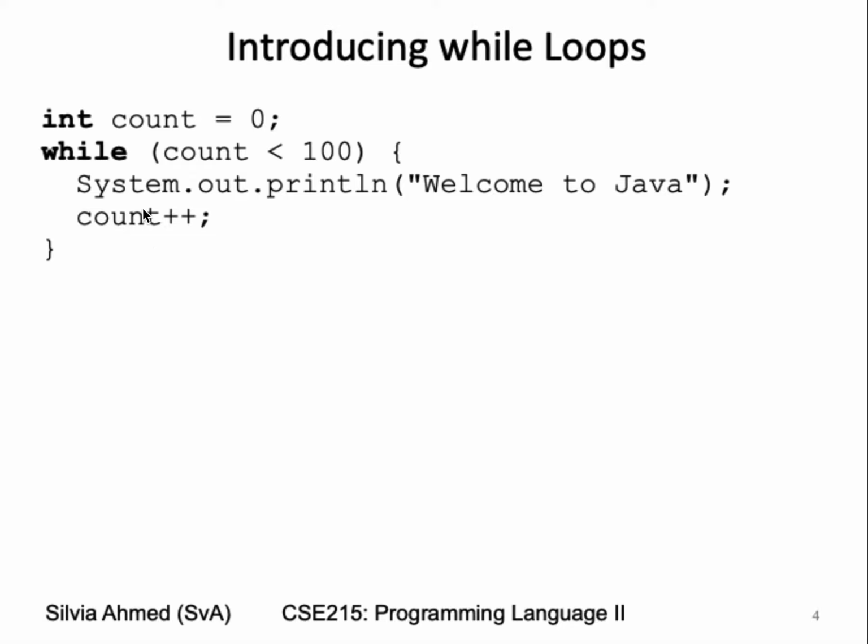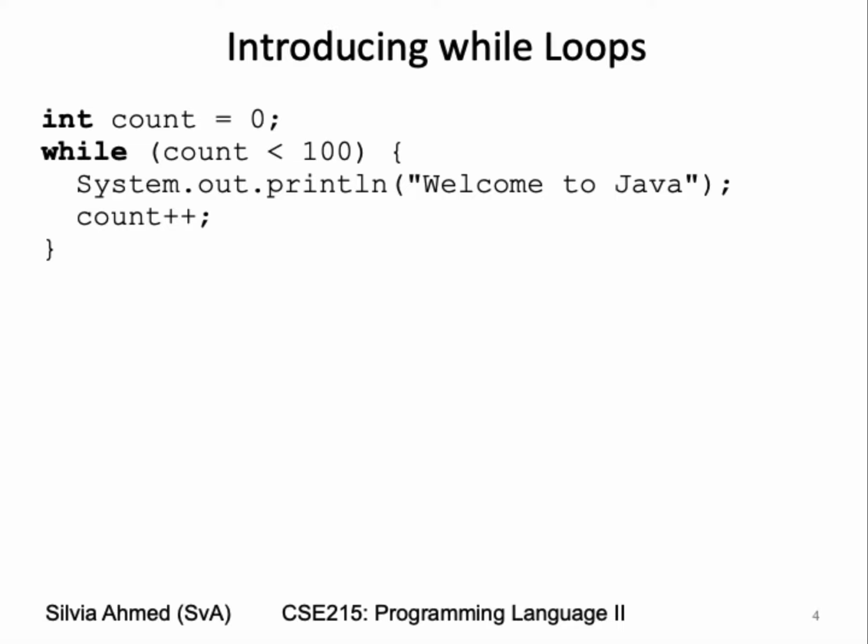Again count plus plus, so count becomes 2, and again it loops back to the continuing condition and checks if 2 is less than 100, and so on. When count becomes 100, it checks if 100 is less than 100, which is false. Then it exits the loop and continues with the next part of the program.